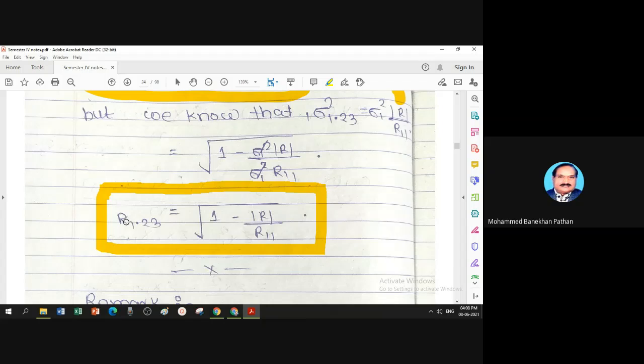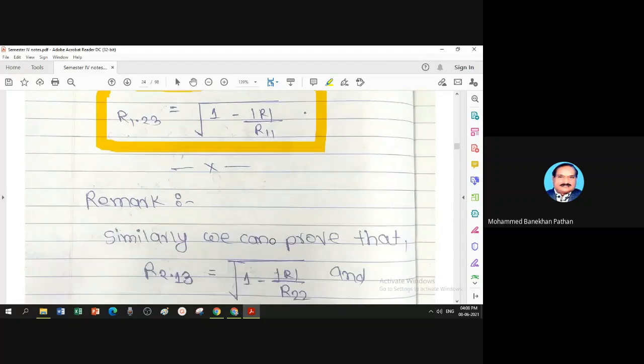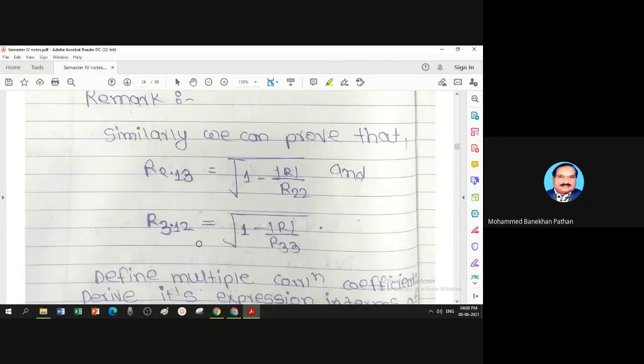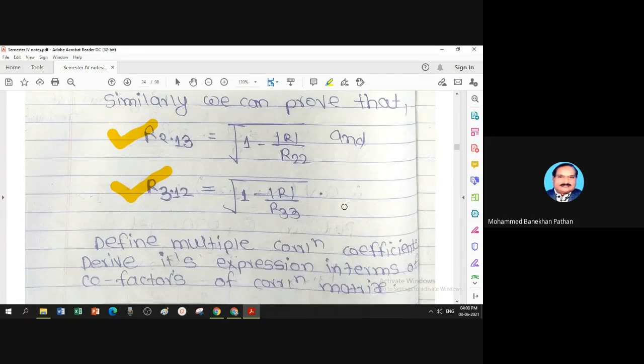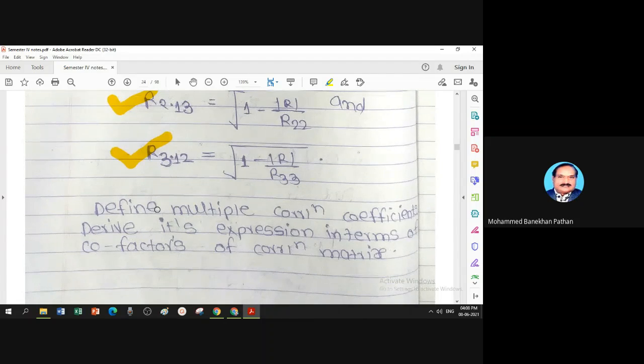If I ask for R2.13, you will say root of 1 minus determinant of R divided by R22. So you can see the corresponding expressions, which you can derive using a similar derivation to capital R1.23. Now here is a theoretical question which is usually asked for offline examinations, but for online examinations there will be different types of MCQs.